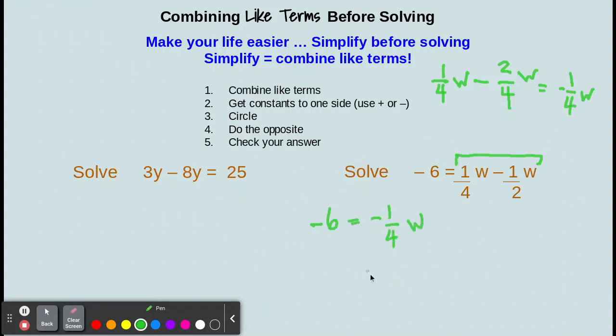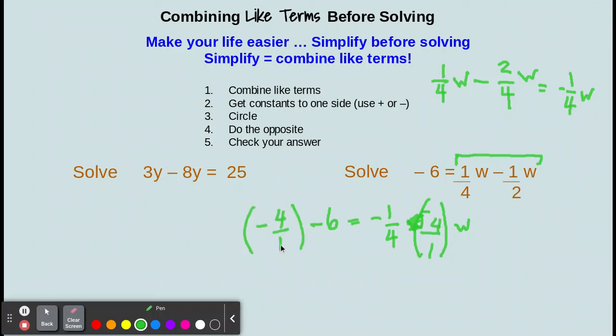All right, now we notice there's a fraction in front of our variable, so we want to multiply by the reciprocal. I'm going to move this w over here. The reciprocal of 1/4 is 4/1.